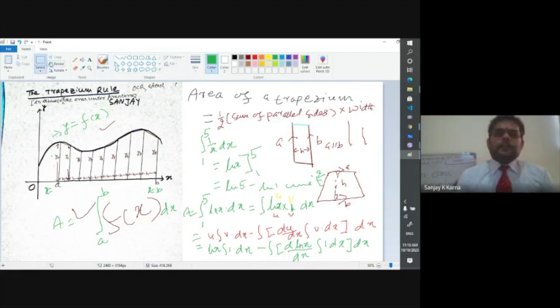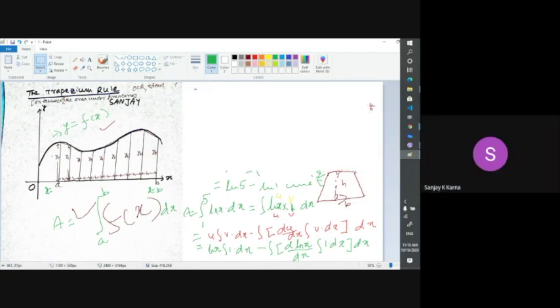So let me select and clear this off in order to have some space. It continues from here.